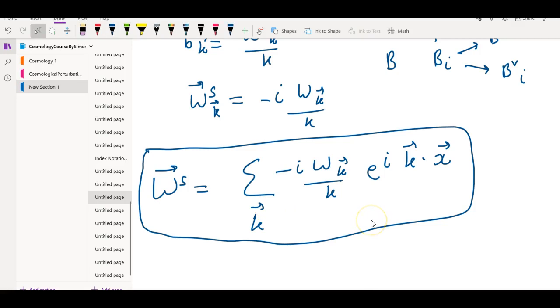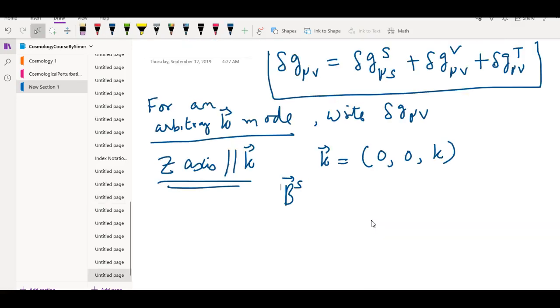So following this convention, the potential W will be expanded like potential W in the K space.